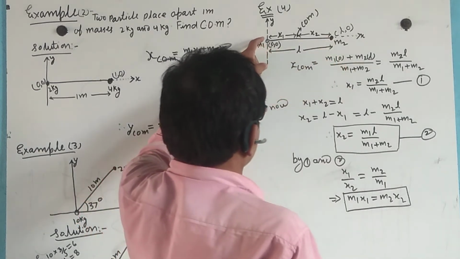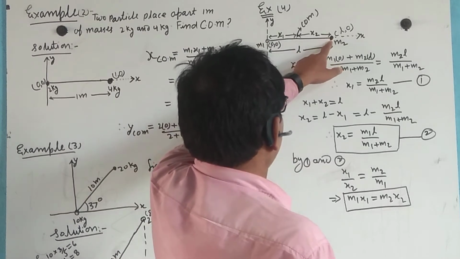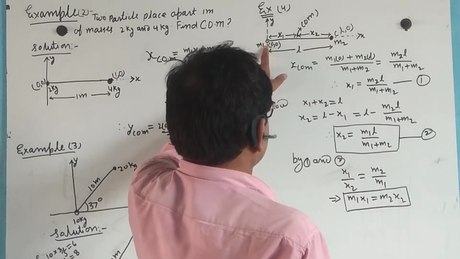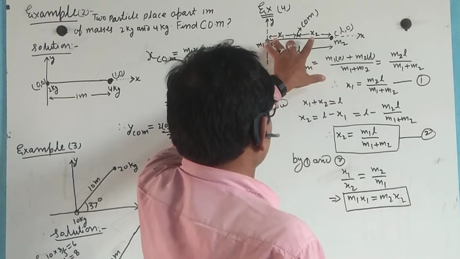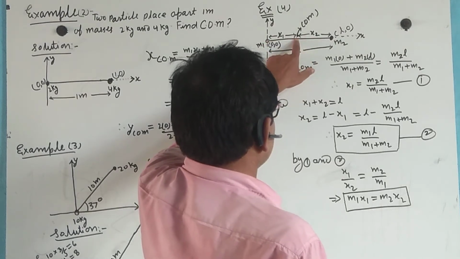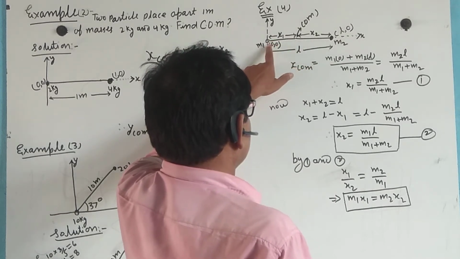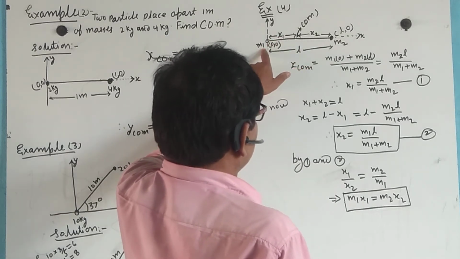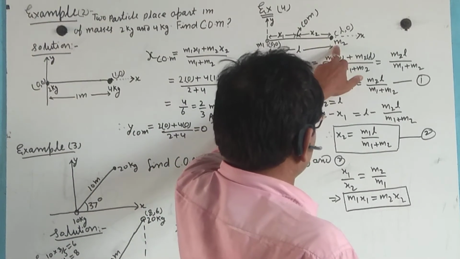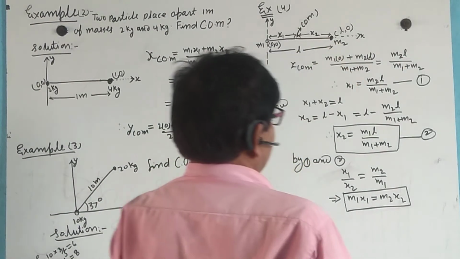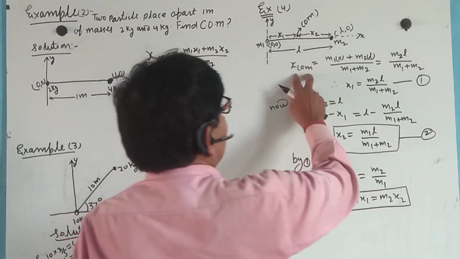In this case, two particles M1 and M2 and the distance between them is L, and the center of mass is given at this point. The center of mass is at distance x1 from mass M1 and x2 from mass M2. Then find the relation of M1 x1 and M2 x2.